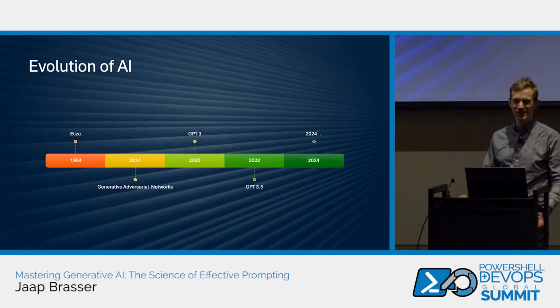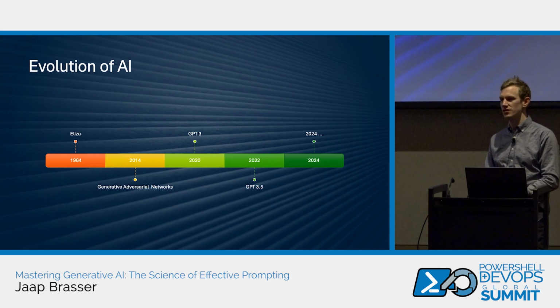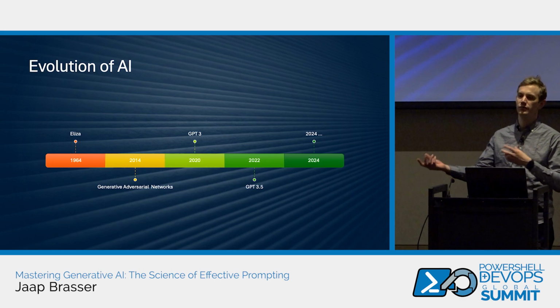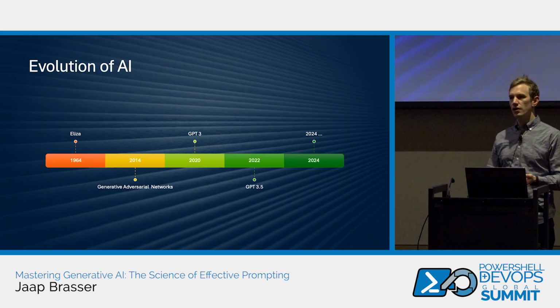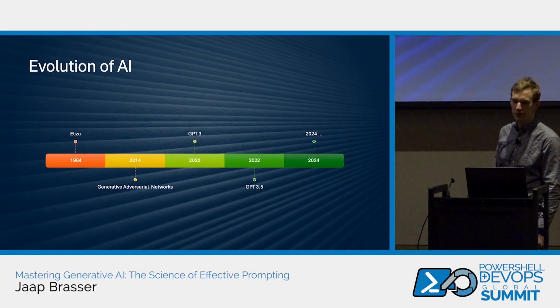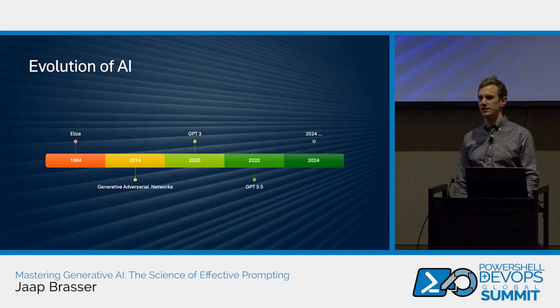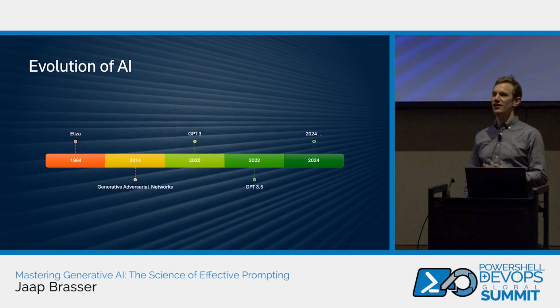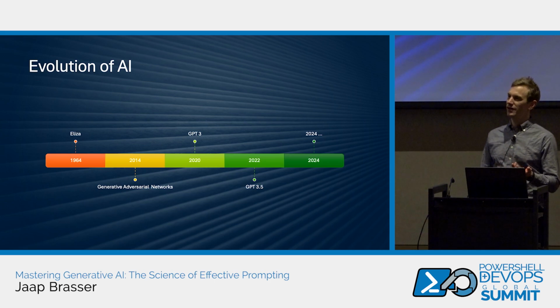In 2014, generative adversarial networks came out. This is where you have two networks that compete with each other, and by doing so, get better results. GPT-3 was released in 2020. Apparently, there was also something else going on that year, but at the time I took a look at it, it gave some interesting results.